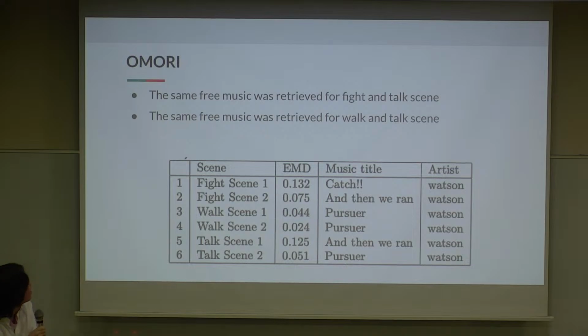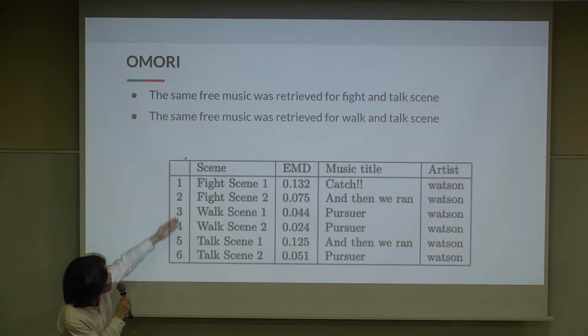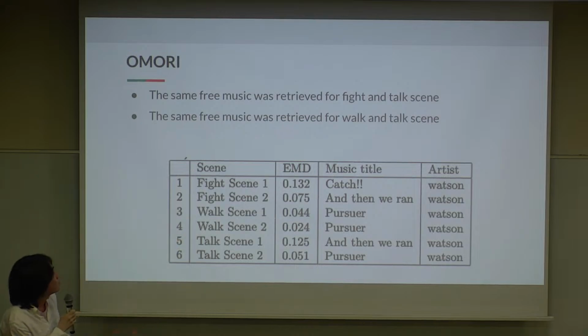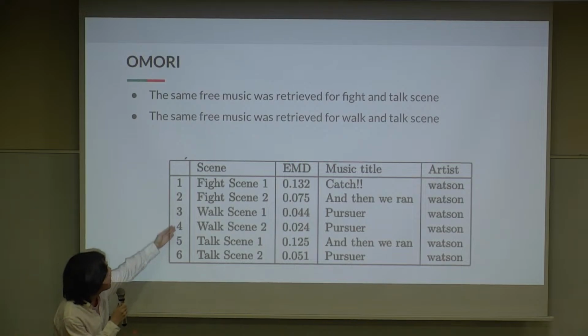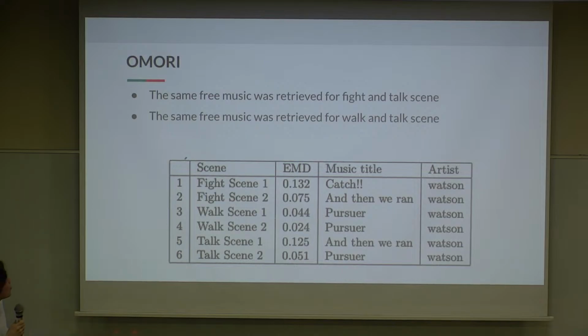On the other hand, when inputting only audio, the same free music was retrieved for the fight scene and the talk scene, and the same free music for the walk scene and the talk scene. So when inputting only audio, the same BGM was retrieved again.